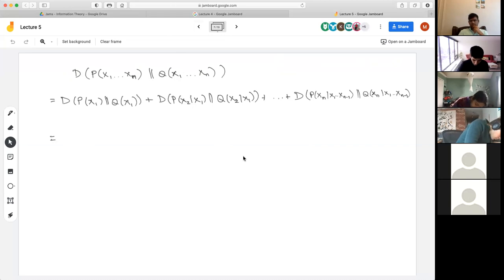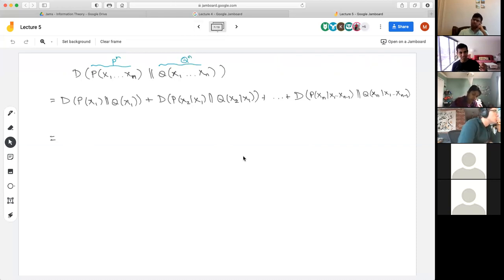Okay. So let's calculate the KL divergence. And remember, now I'm writing it out explicitly as samples x1 to xn and the distribution for x1 to xn, just to be clear on the notation. But this is just the same as the KL divergence of p to the n and q to the n.